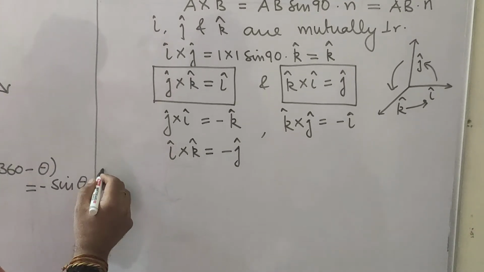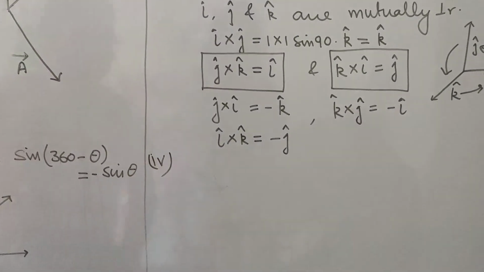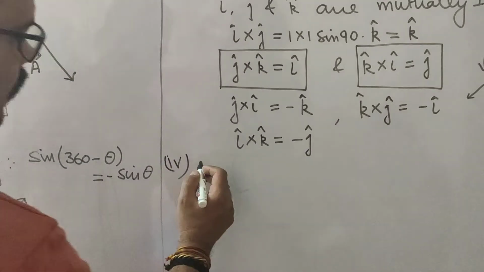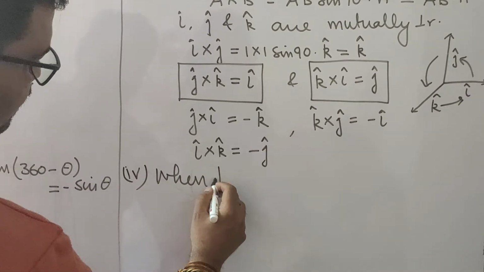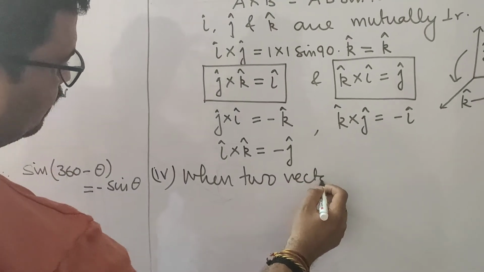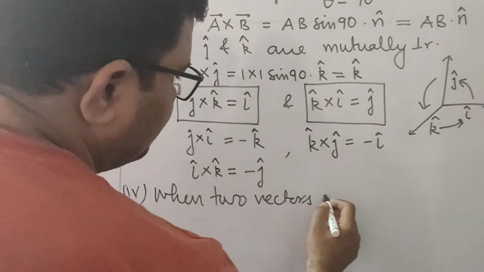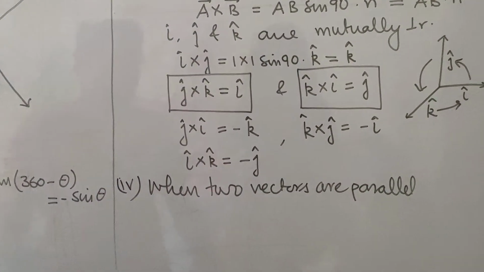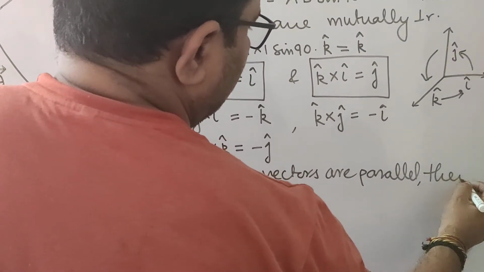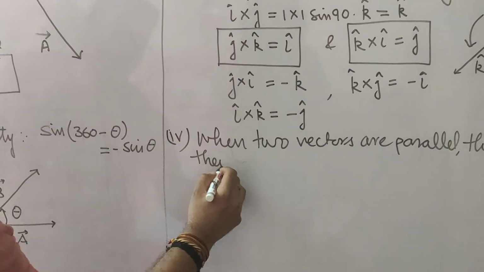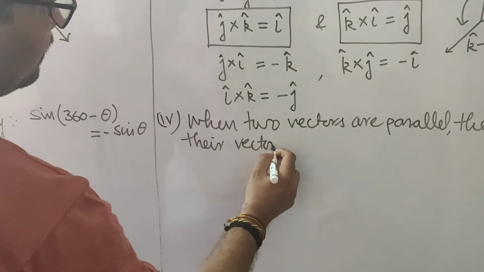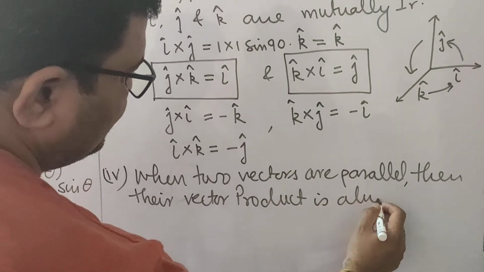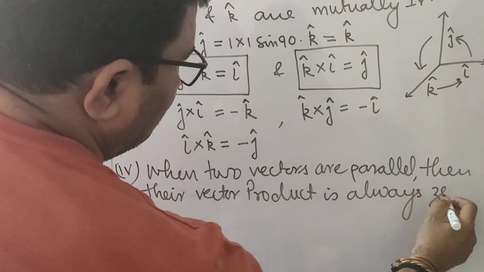Now the fourth property: when two vectors are parallel, their vector product is always 0.